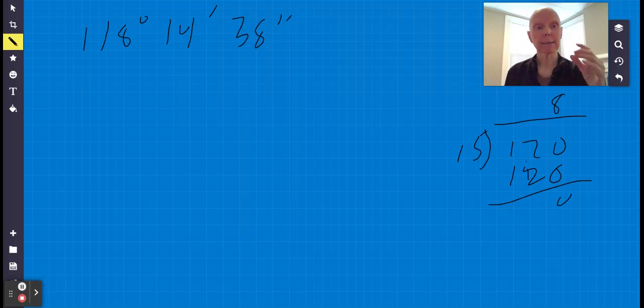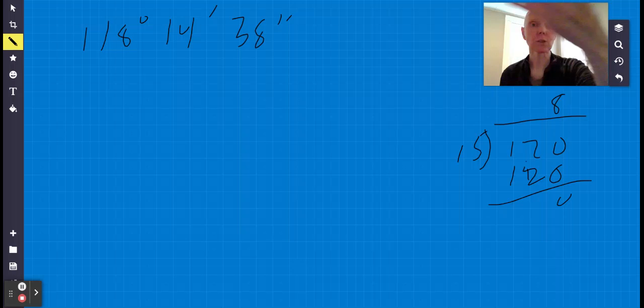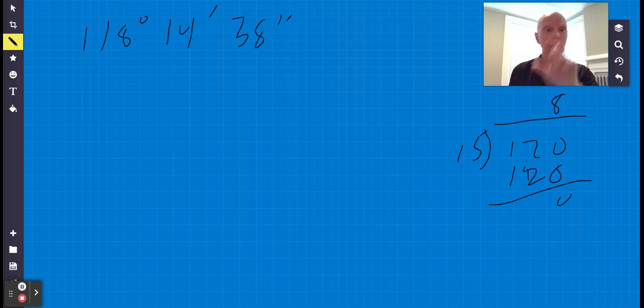If we divide 60 minutes by 15, we get 4. So 4 minutes per degree. It takes the sun 4 minutes to travel 1 degree. By multiplying by 4, we're essentially converting everything to minutes, and then when we divide it by 60, we're converting that back to hours, minutes, and seconds.